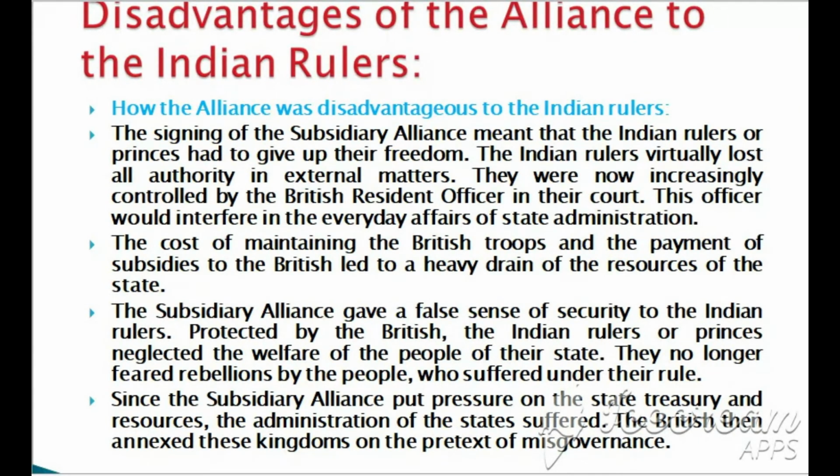They no longer feared rebellions by the people who suffered under their rule. Since the subsidiary alliance put pressure on the state treasury and resources, the administration of the states suffered. The British then annexed these kingdoms on the pretext of misgovernance.